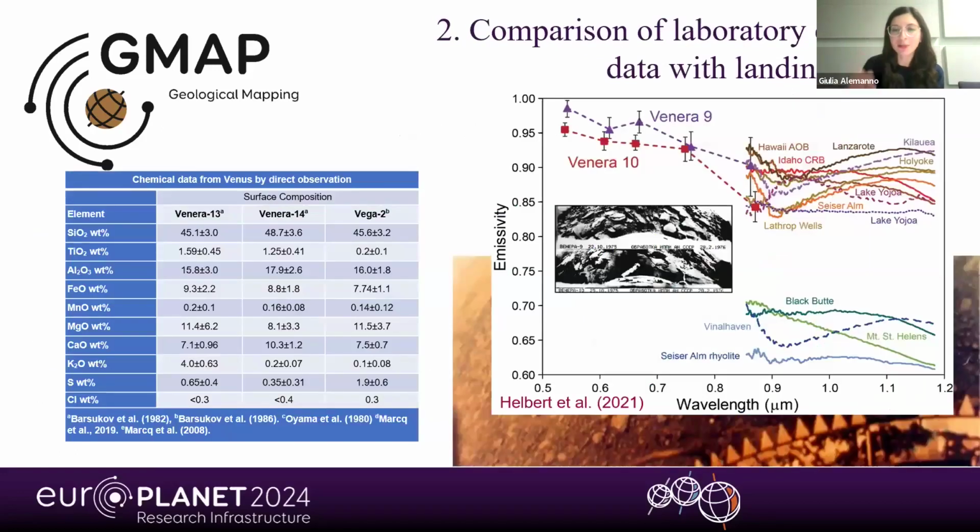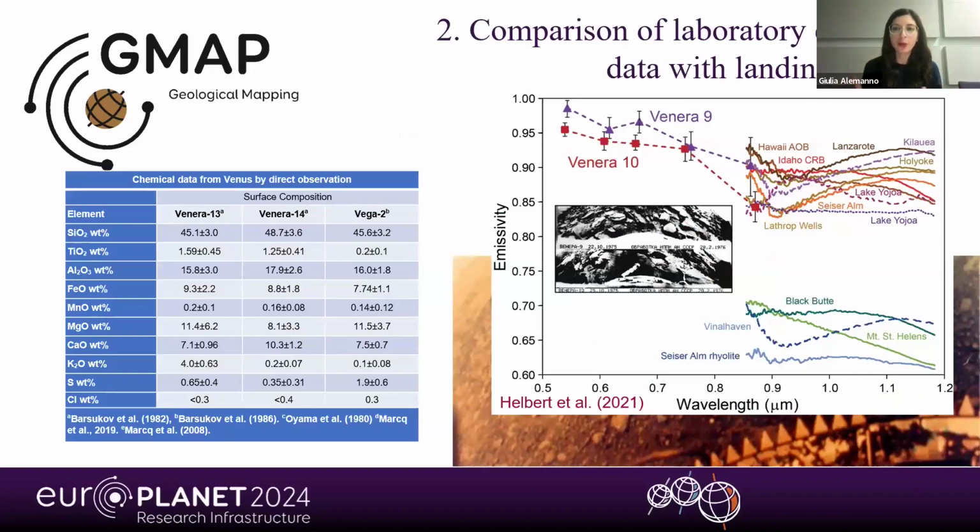Also, it has been possible to correlate the Venera landing site compositional data with the laboratory emissivity data. And it has been observed, for example, in the case of Venera 9 and Venera 10, that the data obtained by the landers match laboratory emissivity data that have been obtained at DLR Berlin, and this data indicates a basaltic composition.